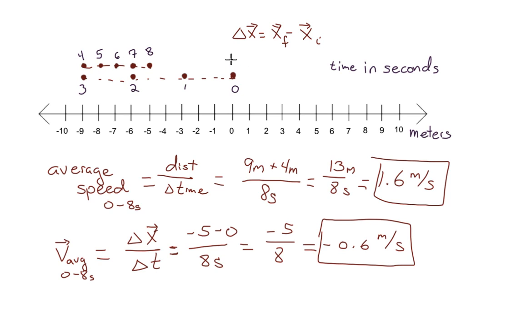But if the object did start here and traveled at 0.6 meters per second to the left, it will have gotten to this spot at the same time that this motion gets to that same spot. And I can draw an arrow again to represent displacement. Again, showing that the displacement over this time period looks something like this. And you'll notice that it points to the left, beginning at the initial position and pointing to the final position.